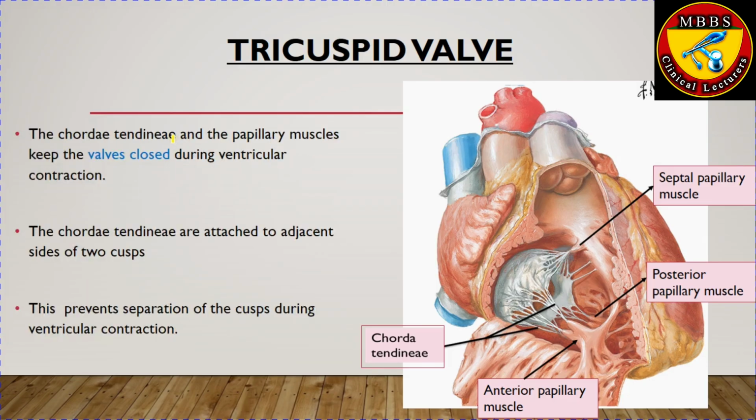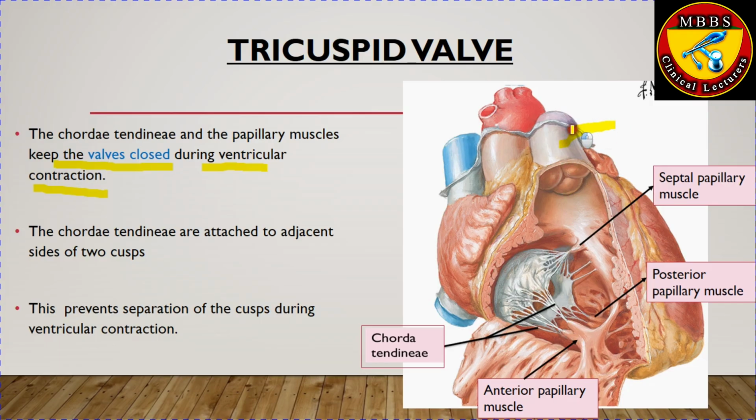The chorda tendineae and the papillary muscles, when these papillary muscles contract, they keep the valves closed during the ventricular contraction. Now, what happens to the blood flow during the ventricular contraction? When the right ventricle contracts, the atrioventricular valve, the tricuspid valve, closes and the blood is propelled into the pulmonary trunk.